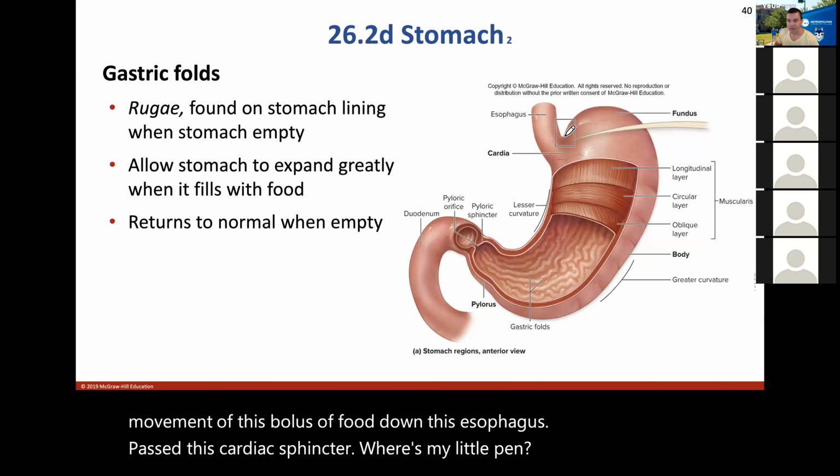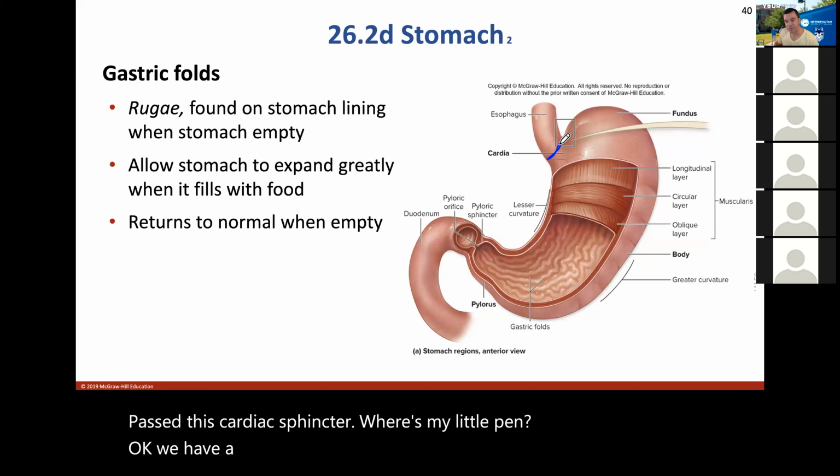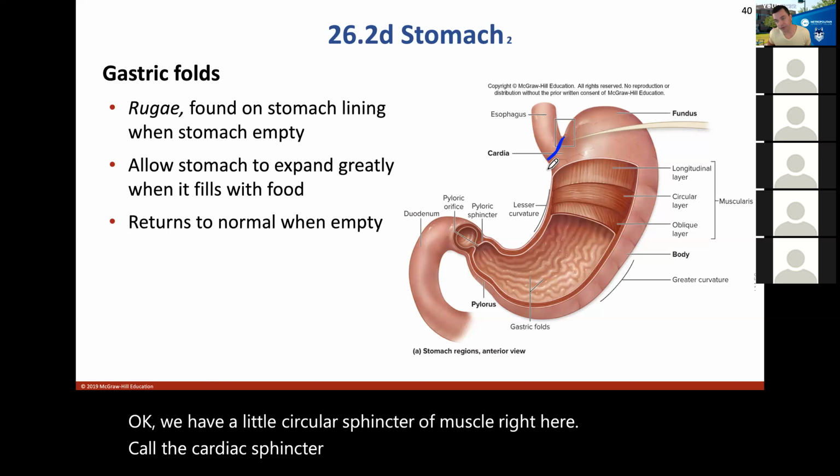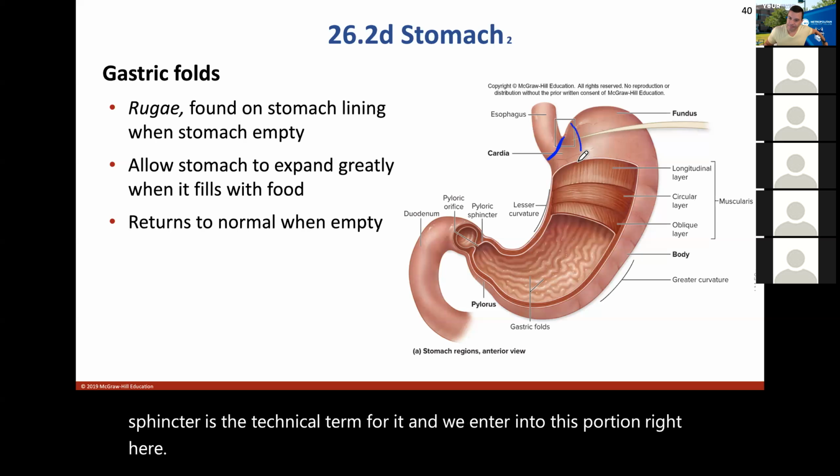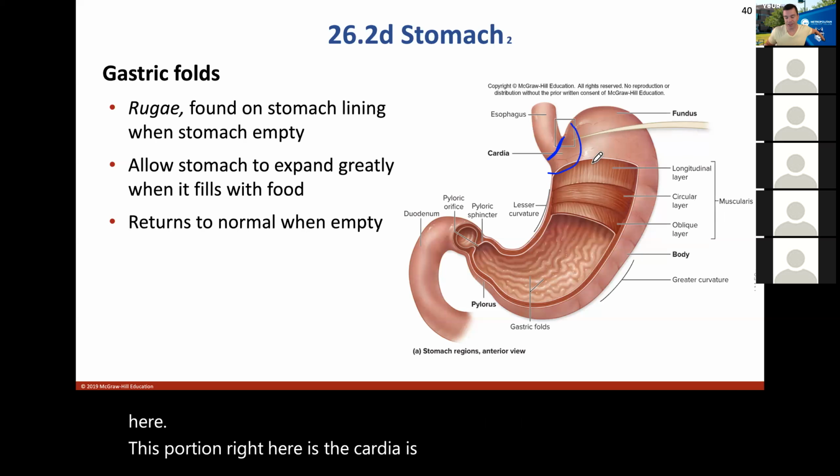Okay. We have a little circular sphincter of muscle right here called the cardiac sphincter. The inferior esophageal sphincter is the technical term for it. And we enter into this portion right here. This portion right here is the cardia. It's just where the esophagus meets the stomach.